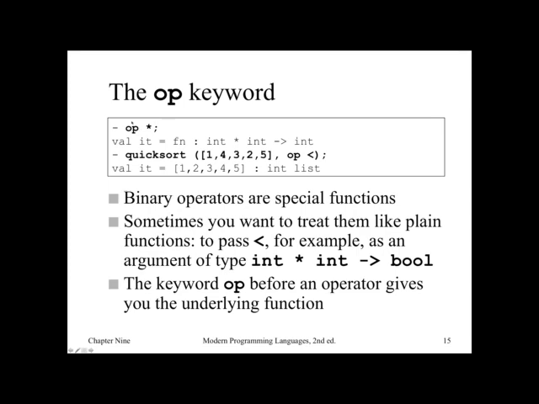When I say op, it takes this thing, like in this case the asterisk, or in this case the less than sign, that is a name in ML. It takes that and evaluates to the value of the function bound to that name. So I go op star, and it says, you know what the value of that is? It's a function that takes a tuple of two integers and returns an integer.